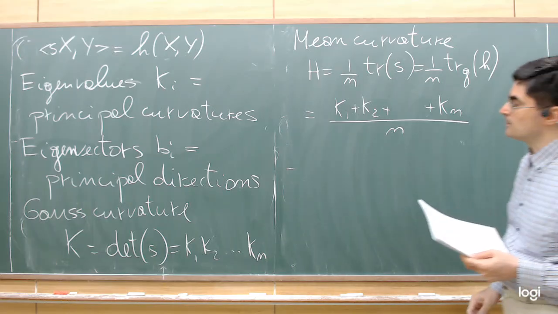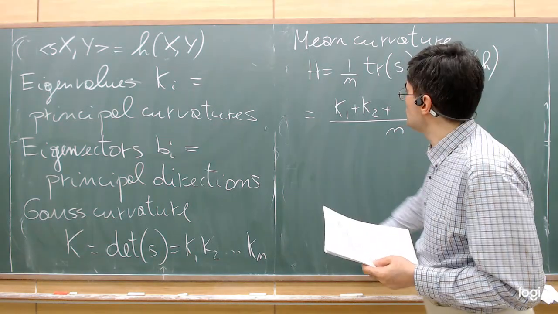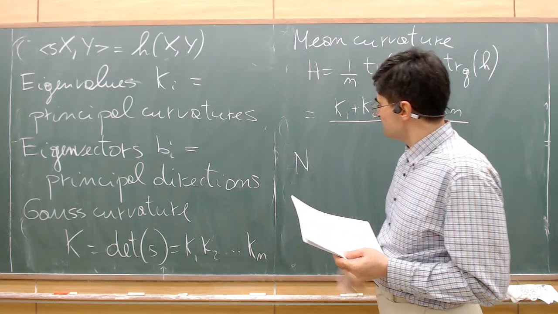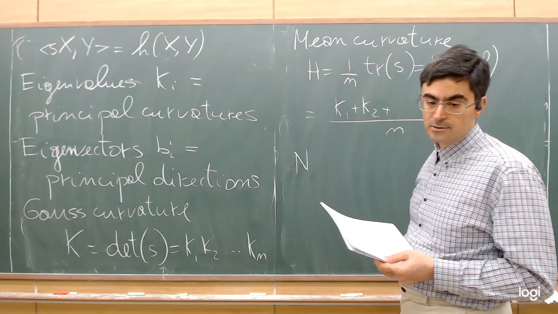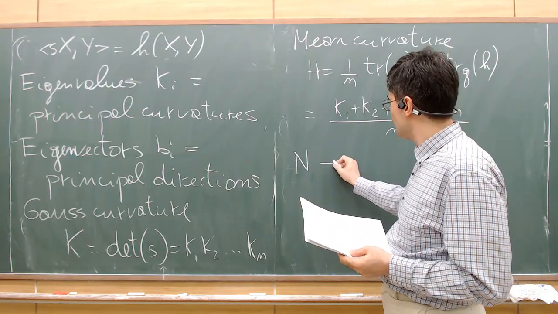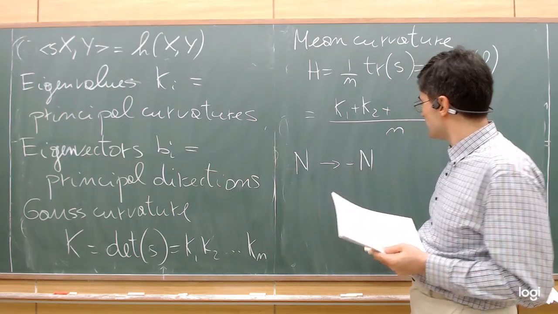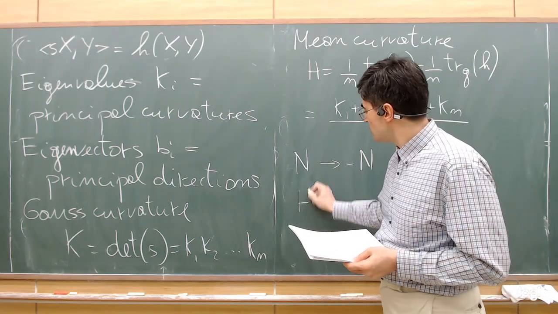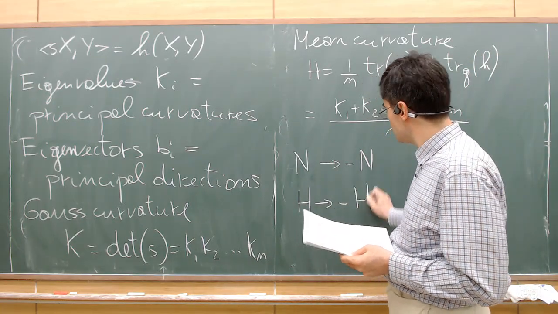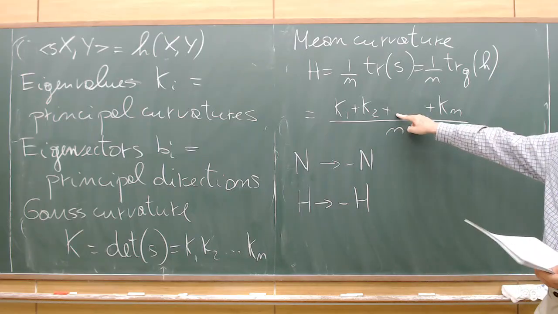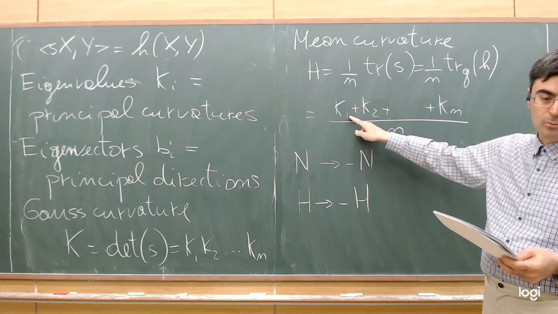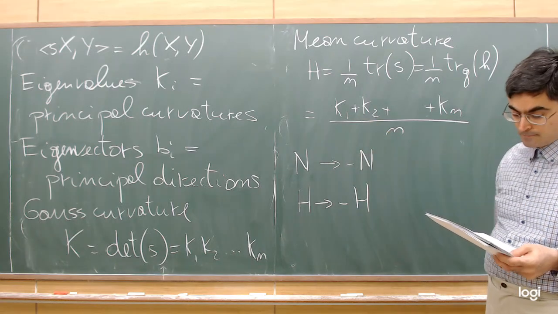Remember that in the definition of S, we made a choice for the unit normal vector field n. If we change n into minus n, then H becomes minus H, because the sign of all the principal curvatures changes.